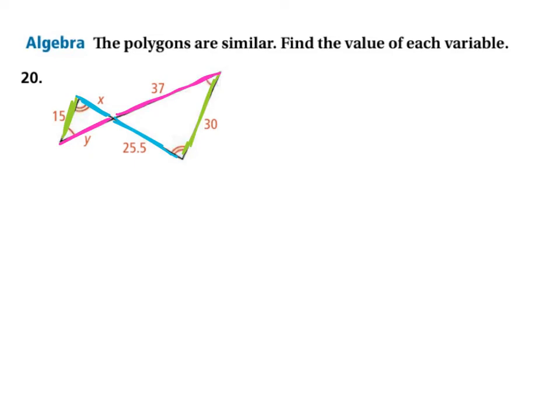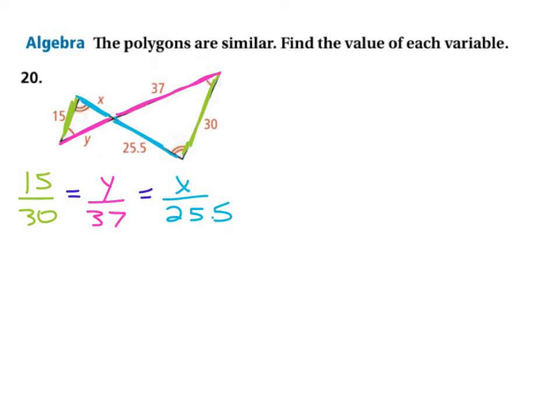So now we can actually find the value of each. We're going to set it up as an extended ratio. So we're going to say the green, 15 is to 30, as the pink, y is to 37. And you can see that we're going small to big each time. Equals x to 25.5.